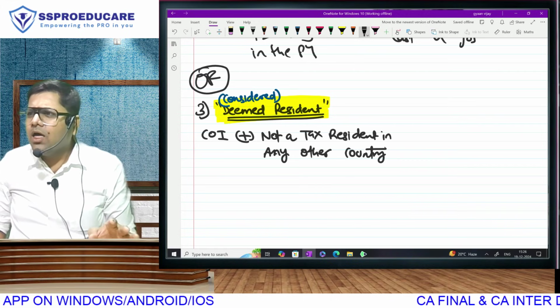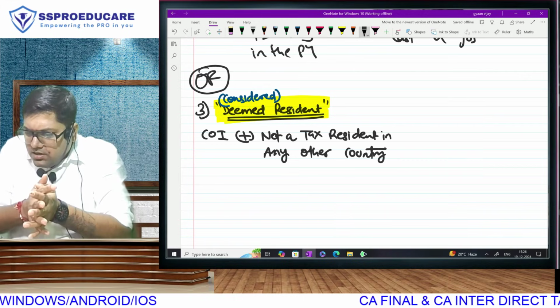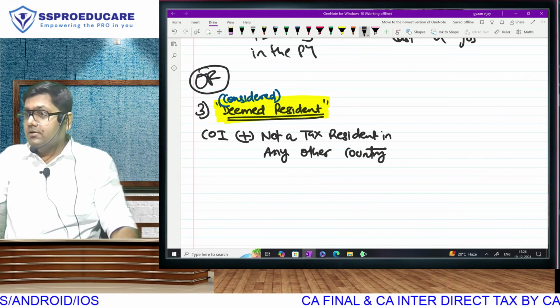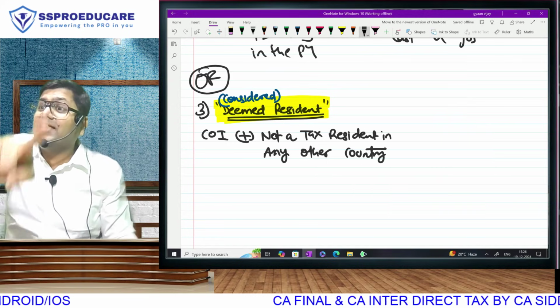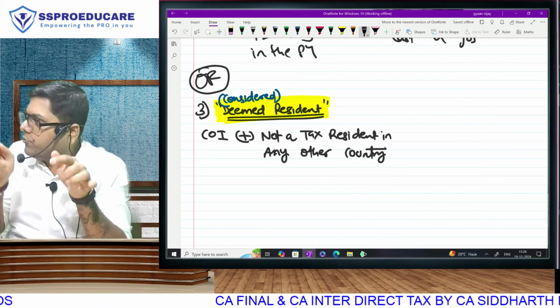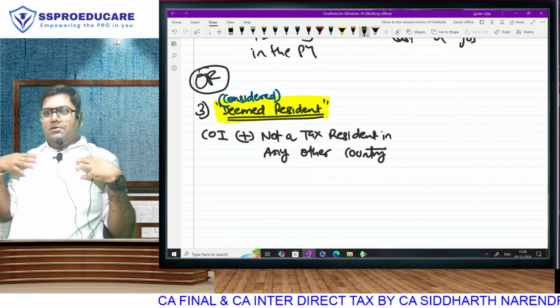Just imagine what happened. Just imagine if you are not a tax resident in any other country. Matlab you are not meeting the residential status of any other country. Every country will have income tax law. If you are not fulfilling the condition, if you are not a resident anywhere, you are resident.